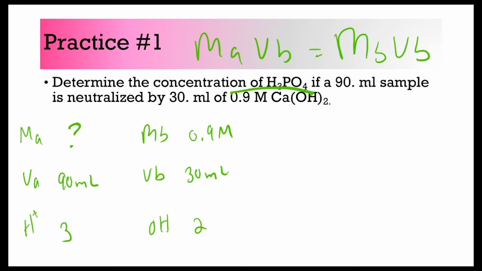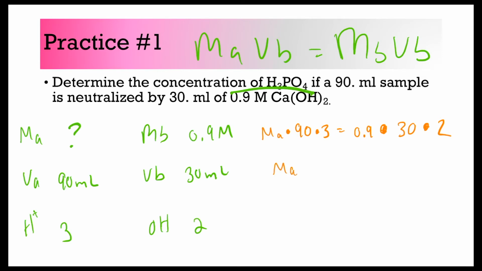So we have 2 OH groups that get released. When we plug this stuff in, we get Ma times 90 times 3, which is equal to 0.9 times 30 times 2. So again, just plugging in everything that we had.